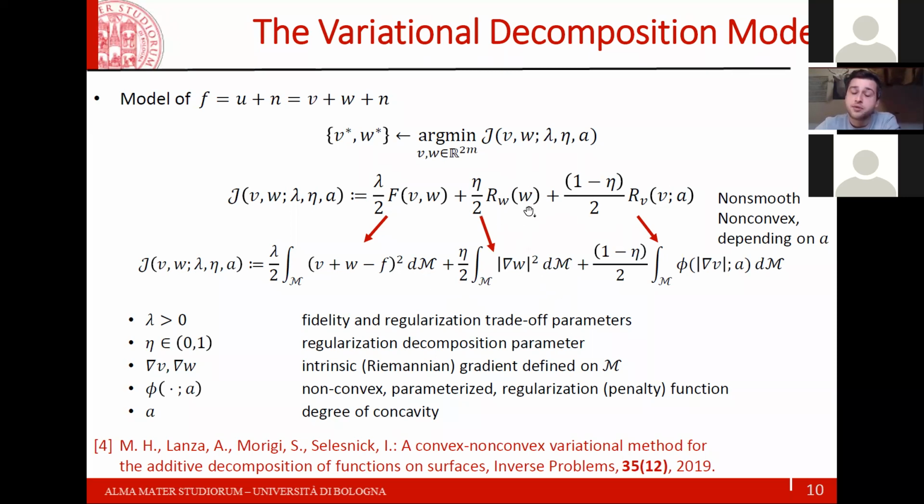For the smooth component, the penalty is a classic quadratic penalty, while for the piecewise constant or structure component, we have used a non-smooth, non-convex penalty function phi that depends on an additional parameter a, which can also be called a degree of concavity of this function. Therefore, our model is non-smooth and non-convex.